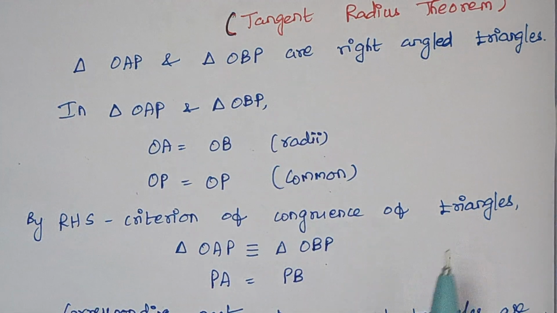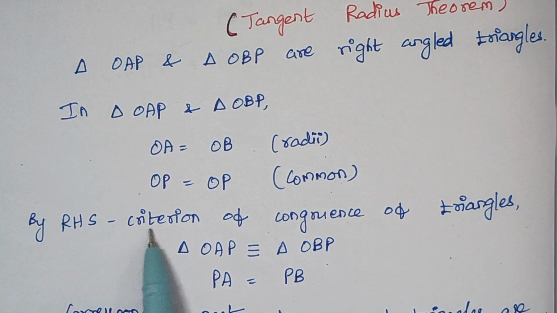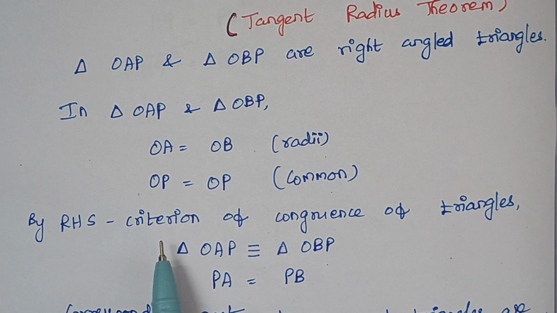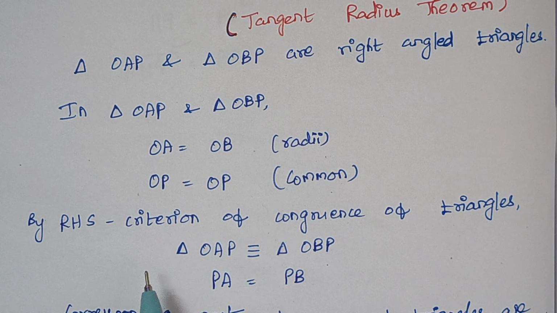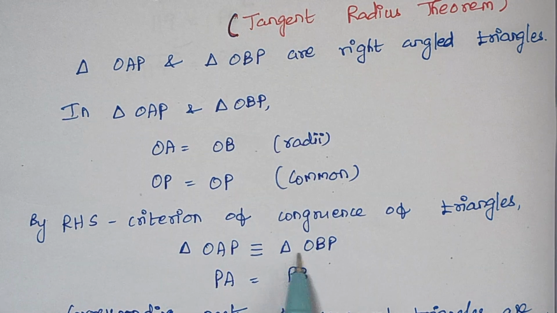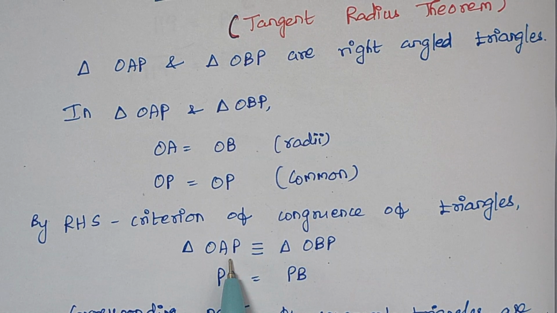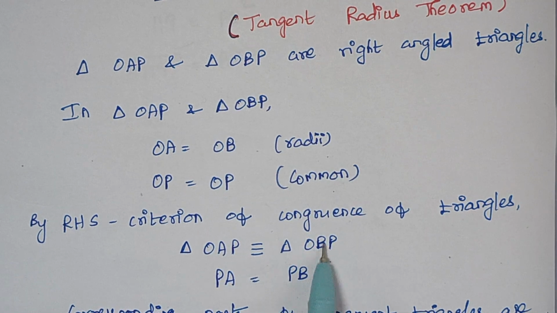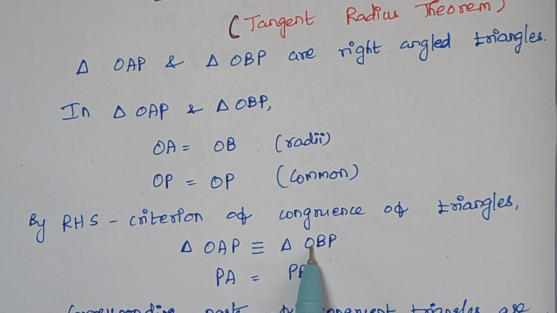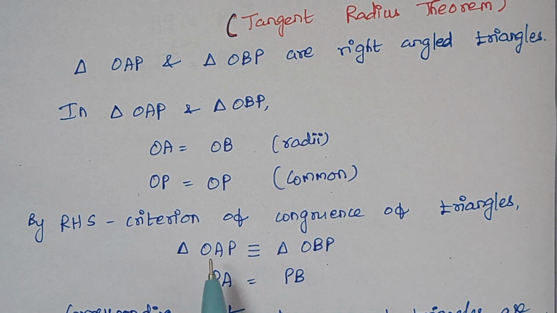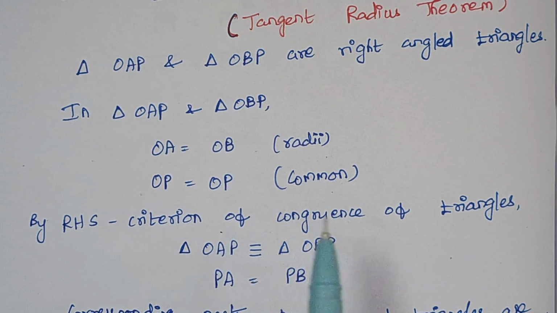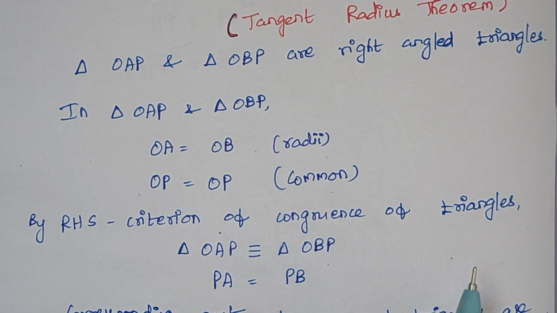The right angle hypotenuse side criterion means that one angle should be 90 degrees. We have considered this triangle and this triangle. In these two triangles, angle A is equal to angle B because both are 90 degrees, and similarly the side OP is common. In triangle OAP there is a side OP, and similarly in OBP there is a side OP.